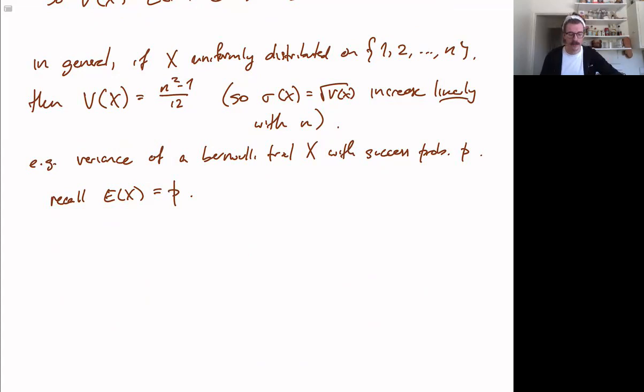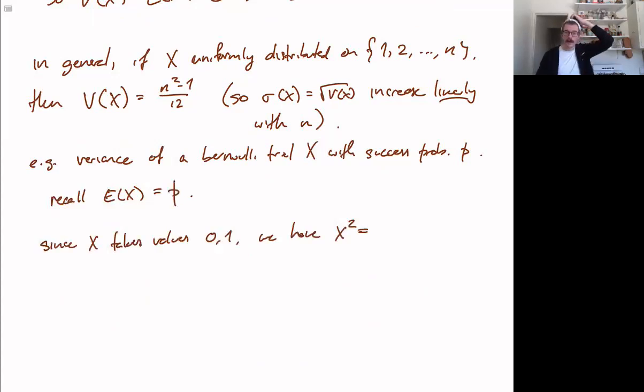And now to compute the expected value of x squared, since x only takes the values 0 and 1, like we said earlier, x squared is going to be the same distribution, except that we square every value. And these things square to themselves. 0 squared is 0, 1 squared is 1. So x squared is just equal to x. So the expected value of x squared is the same as the expected value of x, which is, again, p.